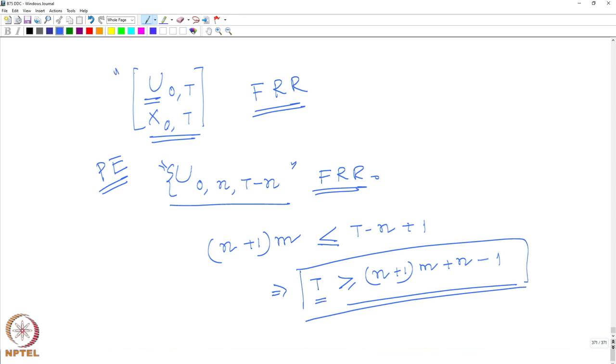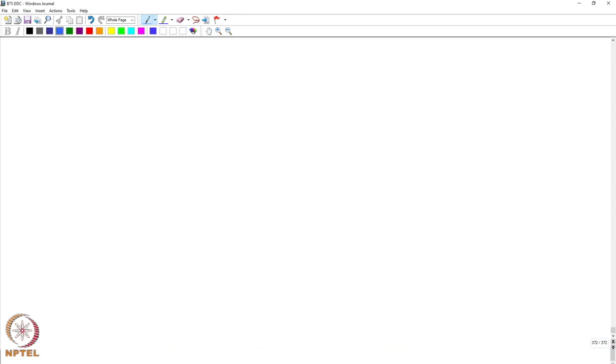So, this is full row rank, right. Now, what was I saying? I have a fat matrix, x_0t, a fat matrix I have. All I do is multiply this from the right by its transpose.